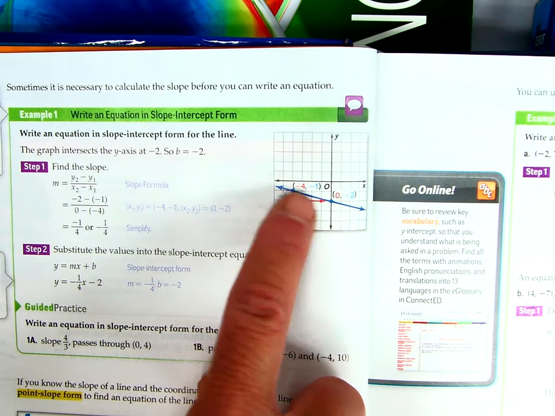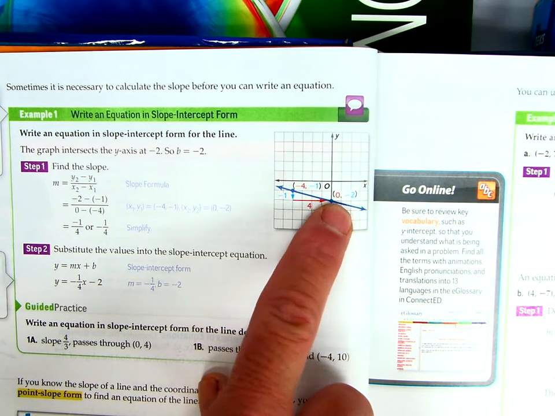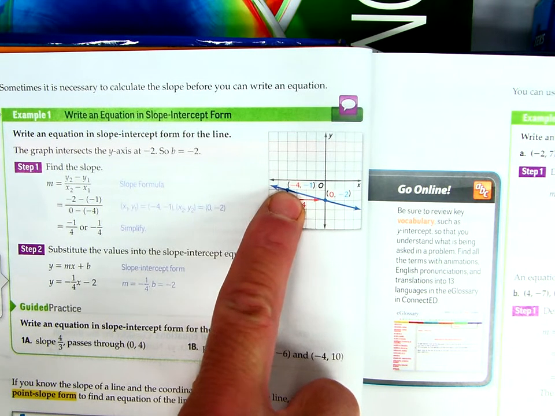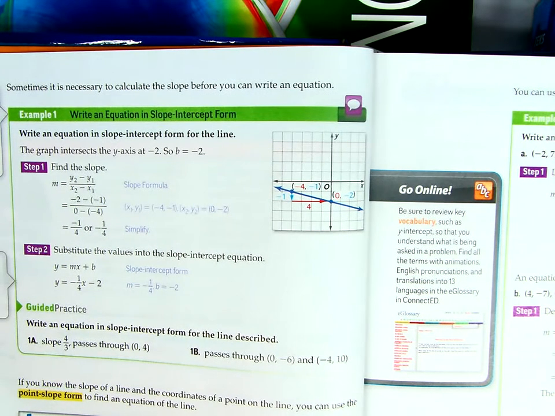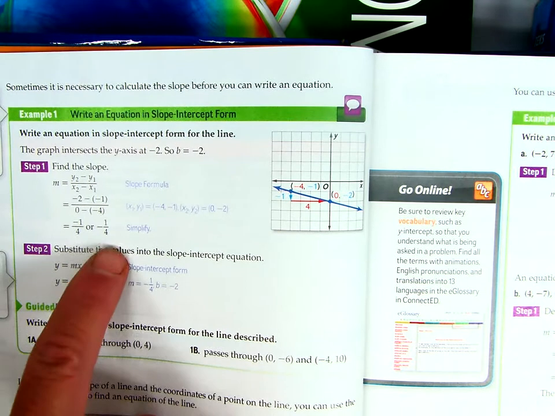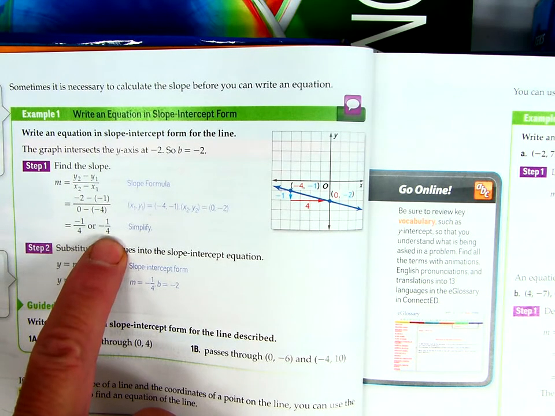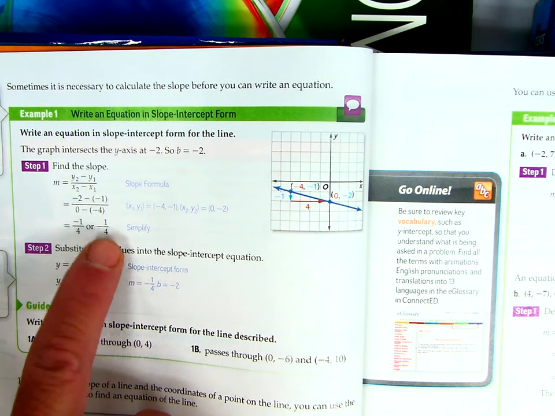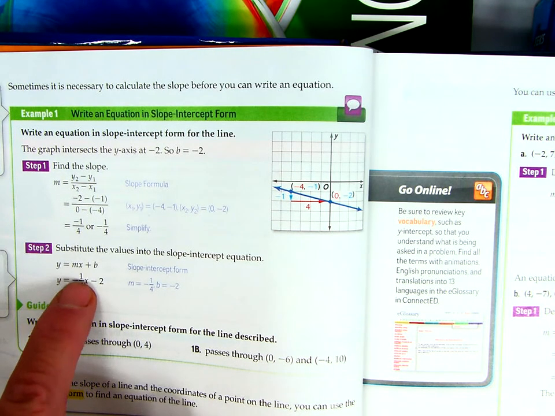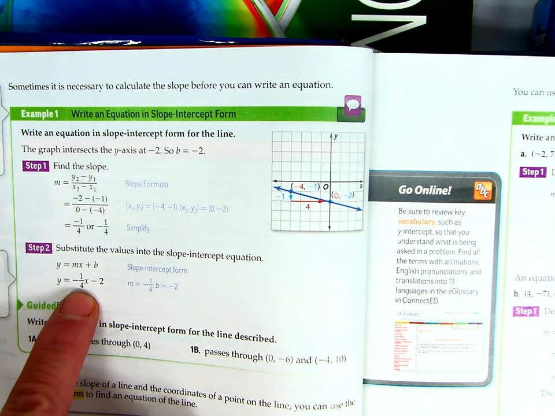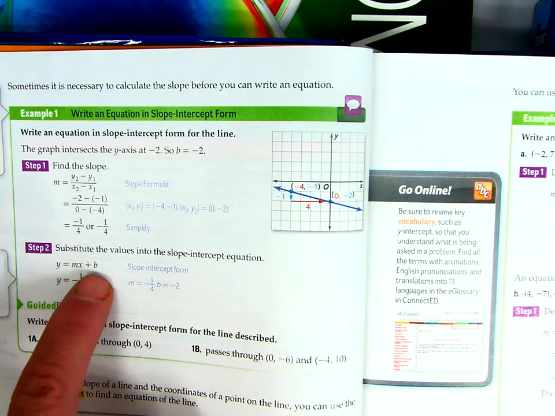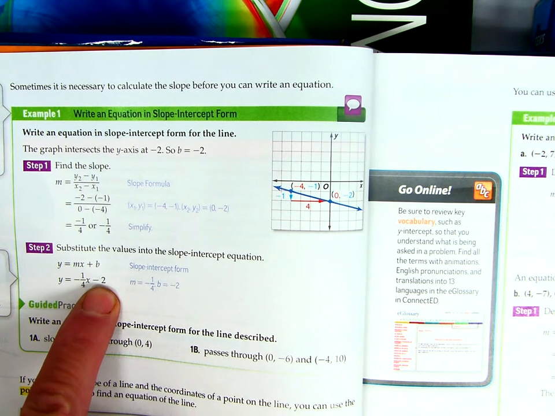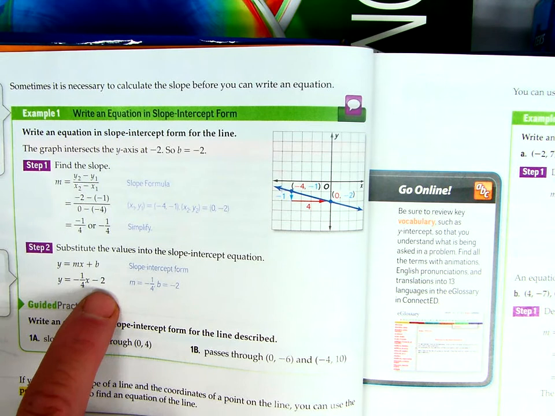Now you have 2 points, 0, -2, and this one that they have plotted here at -4, -1. Calculate the slope. There it is. Now you put the 2 together in slope-intercept form. Replace the m with your slope. Replace the b with your -2, your y-intercept, and there's your equation.